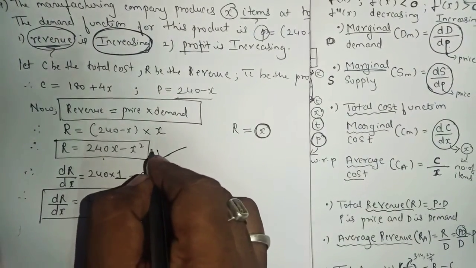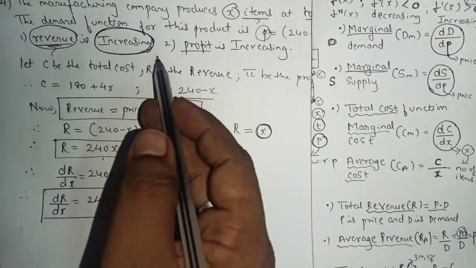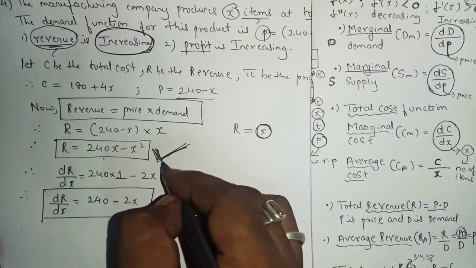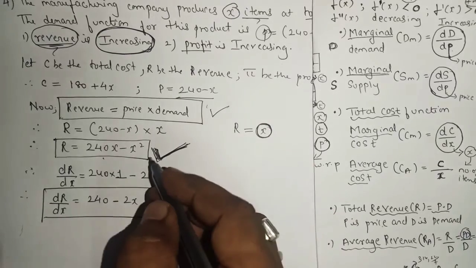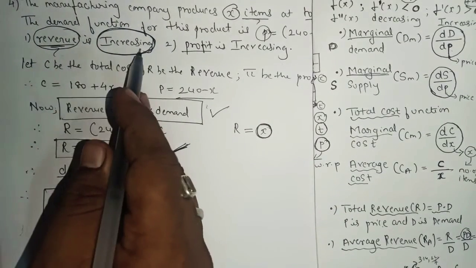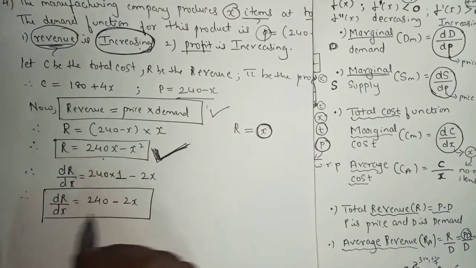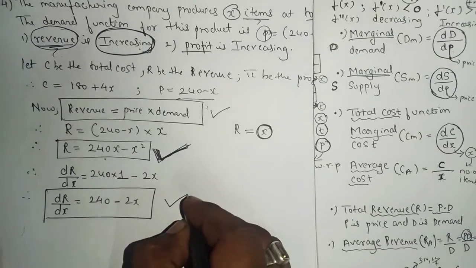Whenever it says in any sum that you have to find whether revenue is increasing or decreasing, first you have to find the revenue. To find the revenue you will apply the formula. As now your revenue is increasing means you have to find the derivative of revenue. So here we got the derivative of revenue.